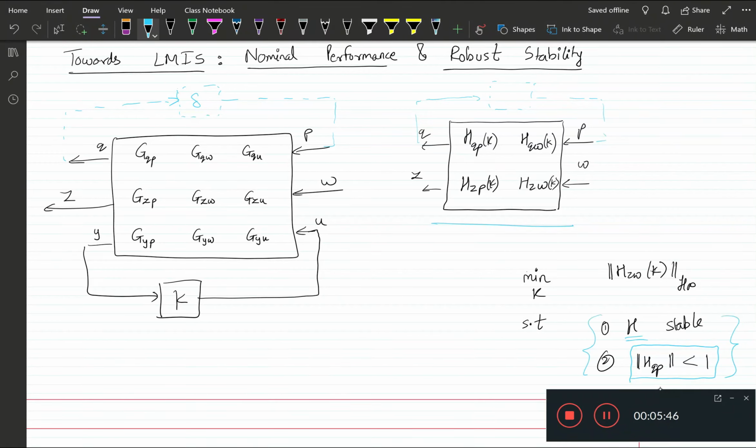So these are the conditions for robust stability. And now we would like to maximize the performance for the nominal system, and the nominal system we saw above is just HZW. So this would be the nominal performance measure. So let's see how to obtain LMIs for this optimization problem.